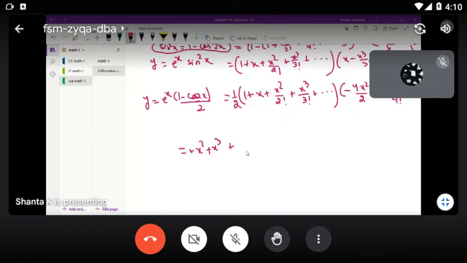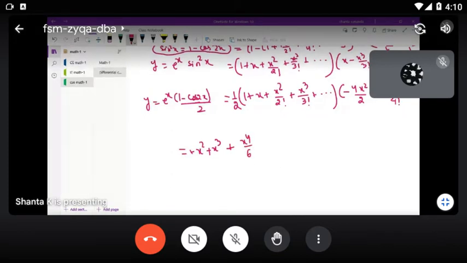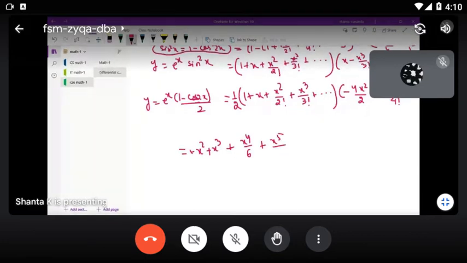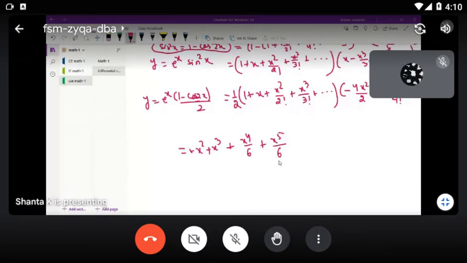What is the term? X to the power 4 by 6 minus x power 5 by 30. All the terms I'm getting plus in the last answer. If you see, this is also divided by 6.